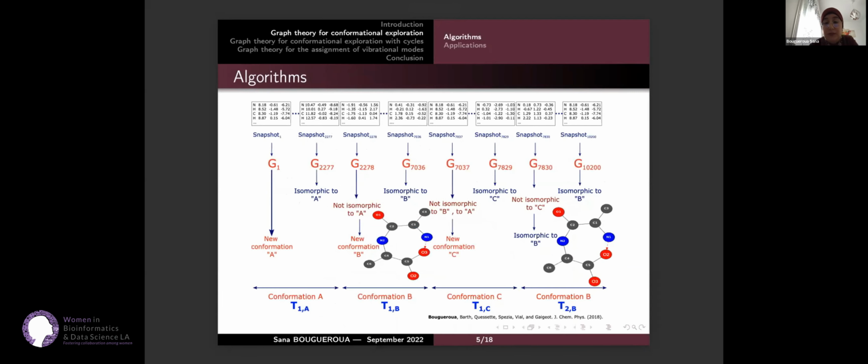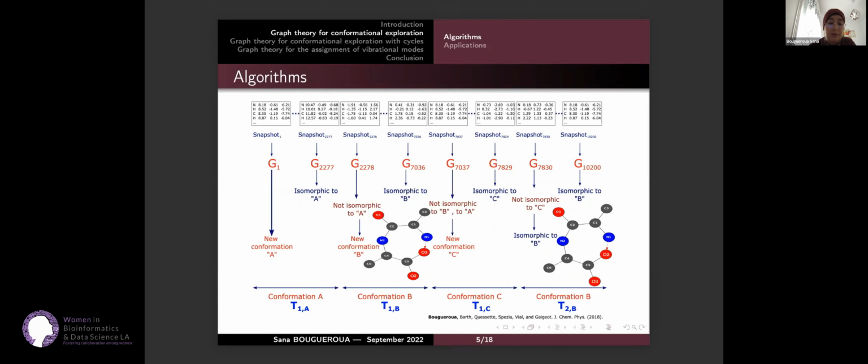In order to define a conformational change, we use an isomorphism algorithm. In the literature, there are many methods. We have used McKay, which allows us to have a canonical graph, which is a signature of those 2D graphs.